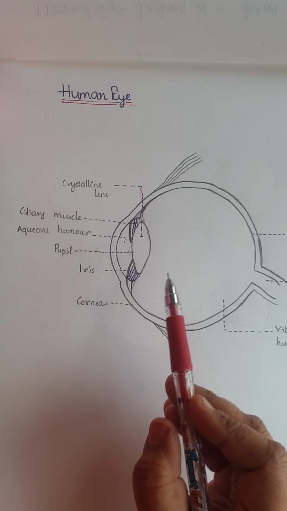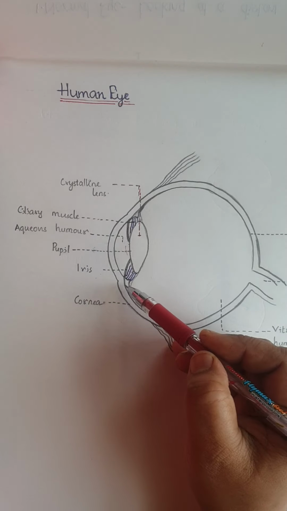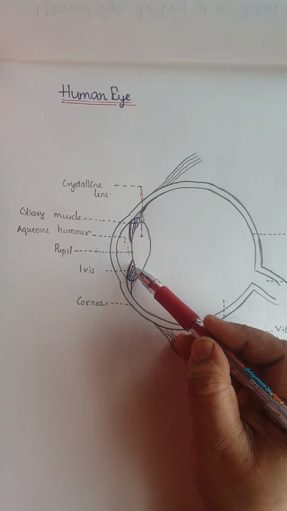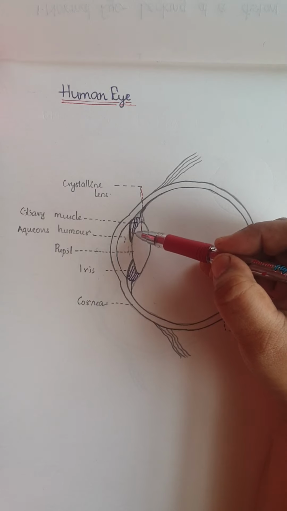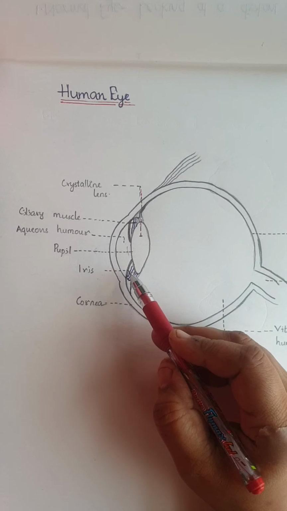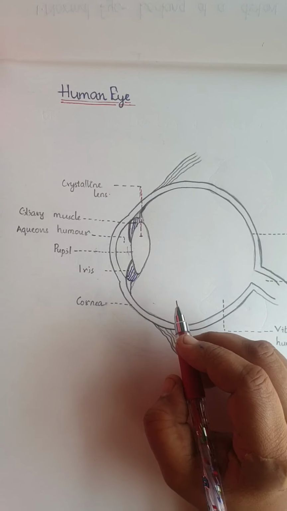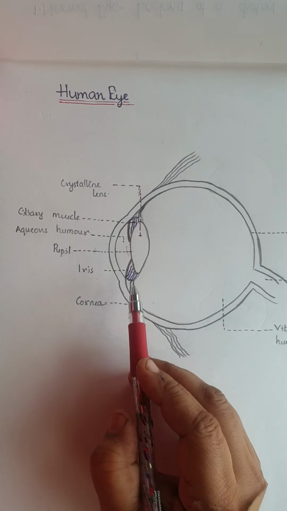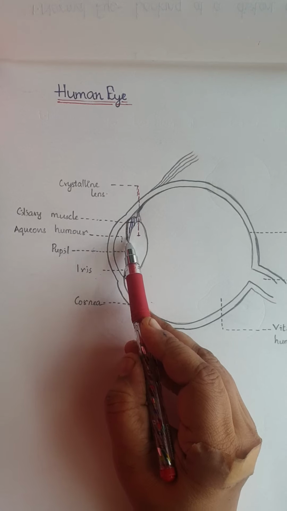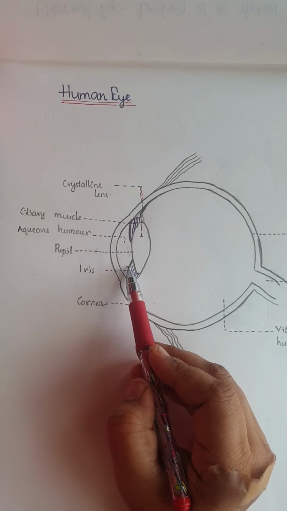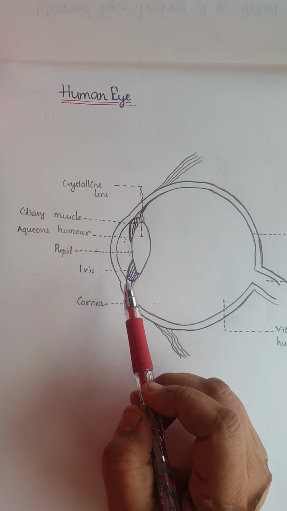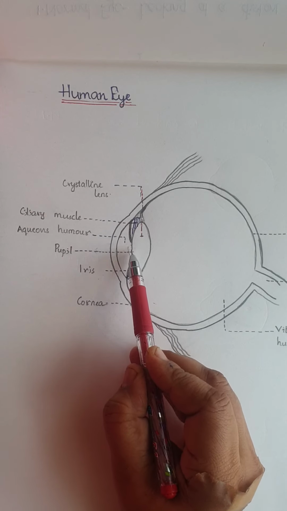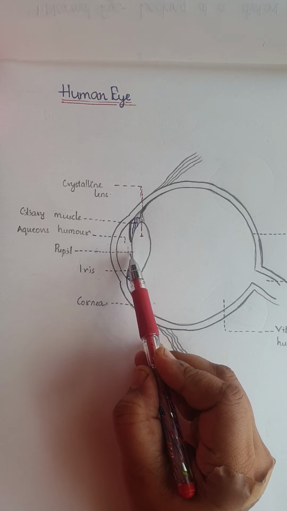Then comes iris. What is iris, children? Let's see. Here on both sides there is a brown colored diaphragm, right? It is known as iris. It is a dark muscular diaphragm which controls the size of the pupil. In the middle there is an opening, right?